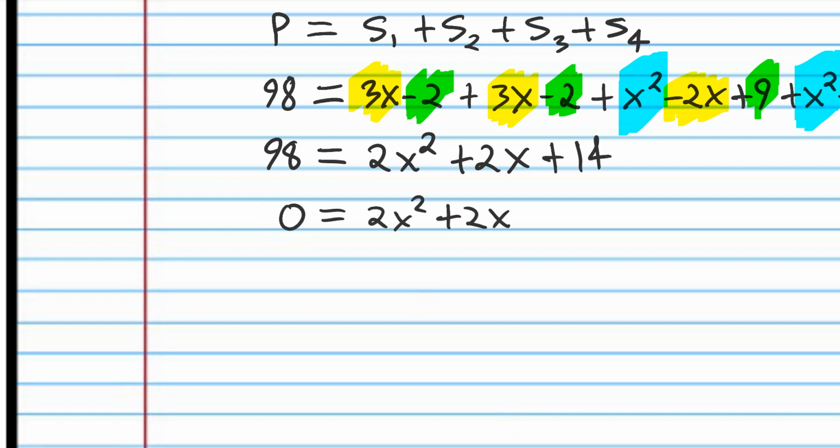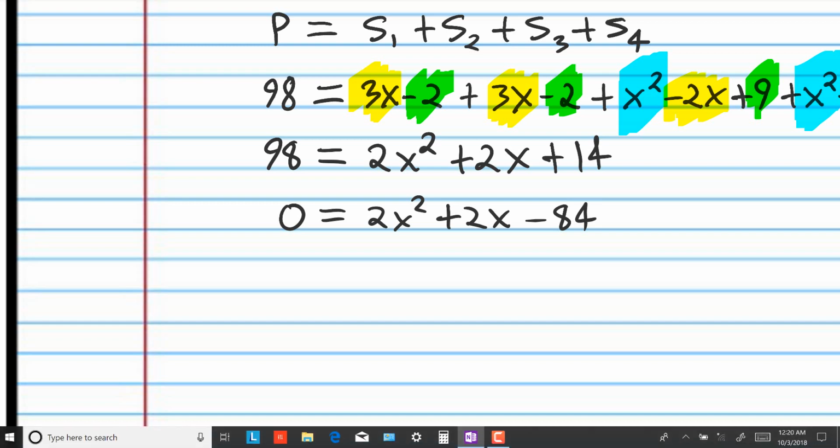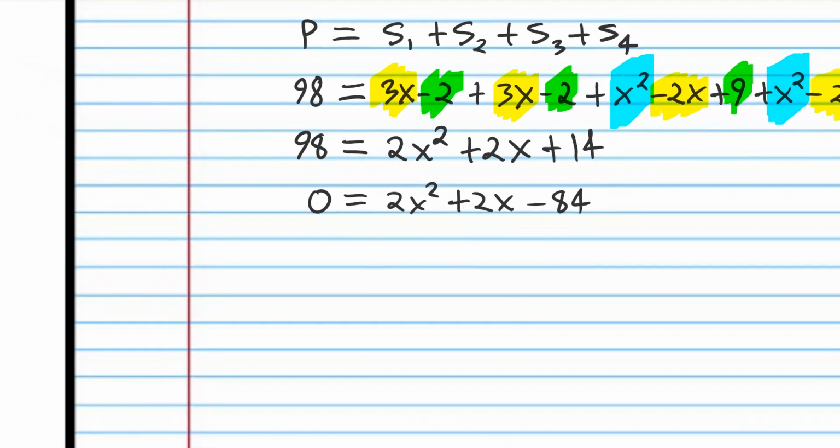And when you subtract 98 from both sides, you get over here negative 84. So I just did 14 minus 98. And that looks right. All right, so this equation is in standard form.